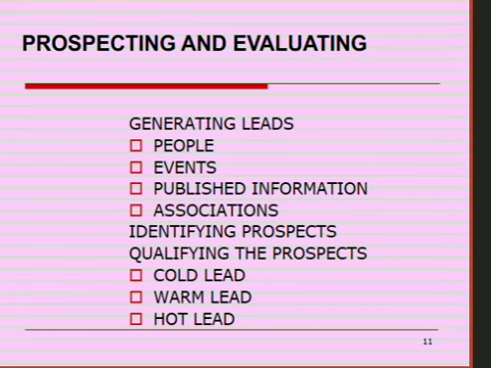Then next is identifying prospects. A salesperson can identify a prospect by using a variety of tactics like writing to the prospective customers, making phone calls, or visiting customers face to face or physically.